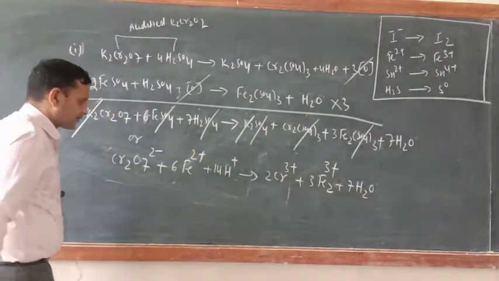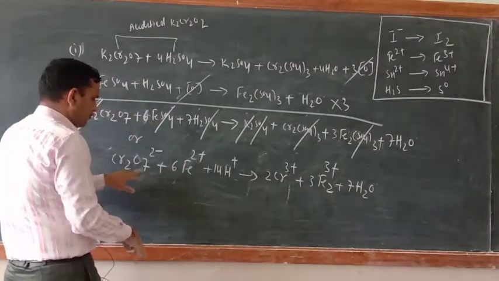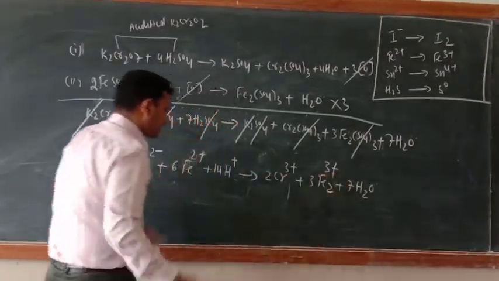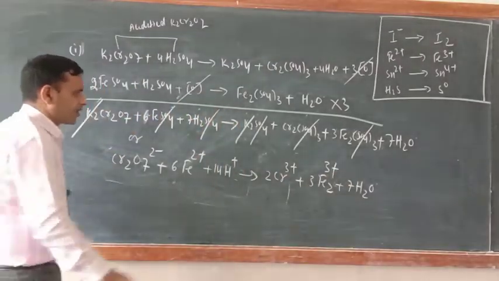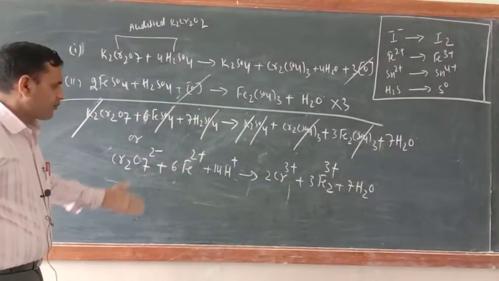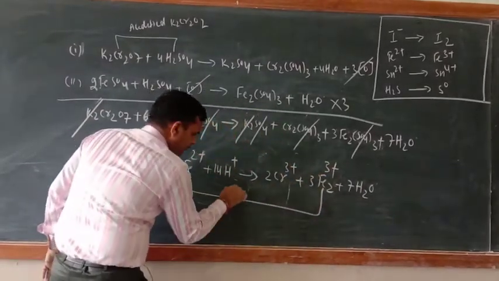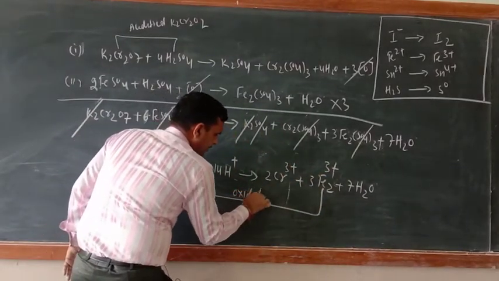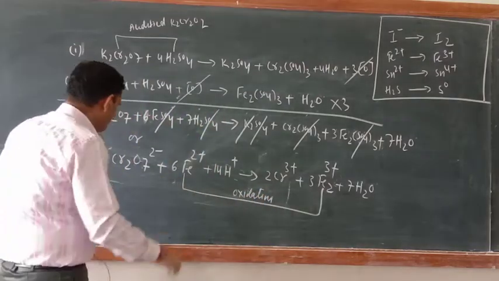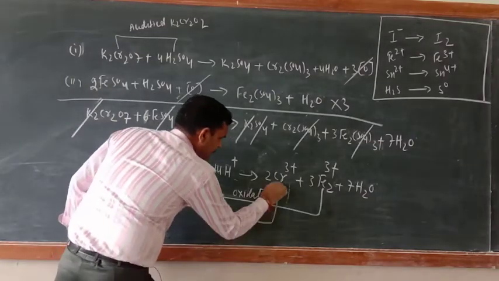Now check here, is everything balanced or not? 2 chromium, 2 chromium. Oxygen, how many? 7 oxygen, 7 oxygen. 14 H positive, 14 H positive. 3 twos are 6 iron. Everything is balanced. This is the ionic equation. It means Fe2 positive is getting converted into Fe3 positive, so this is oxidation, meaning reducing agent. Here chromium is plus 6, and it is getting converted into plus 3.